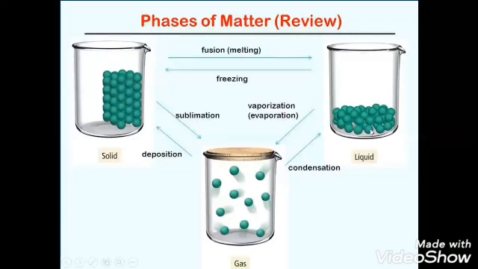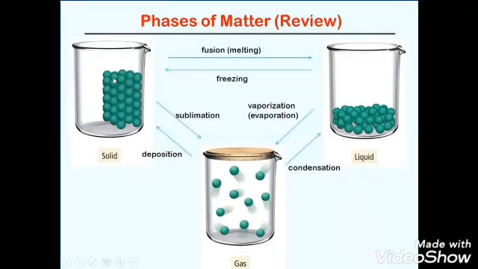In case of liquid, the interparticle space is intermediate. It is not as less as solid nor as high as gas. So it is compressible to a very small extent. But in case of solid, if you apply pressure, there will be no appreciable change in volume. Why? Because the interparticle space is very less.